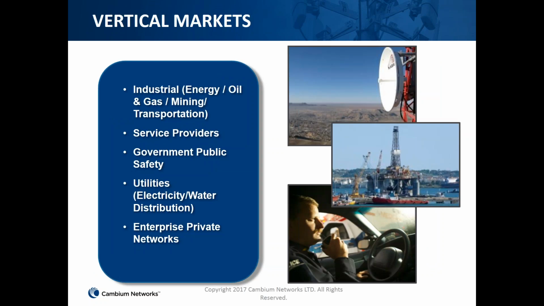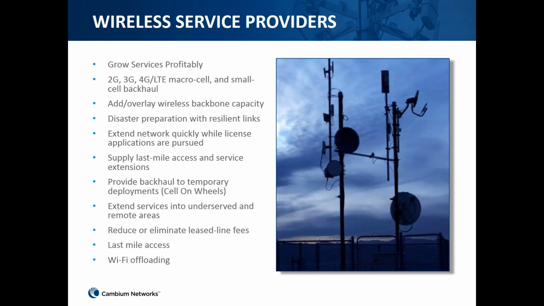I want to address some of the vertical markets that the PTP 670 is more applicable towards. Today I'll be focusing on industry, service providers, public safety, utilities, and enterprise private networks. The first one, the big one, is the wireless service providers. These are your WISP providers who provide 2G, 3G, and 4G backhaul. They're your last mile access, and they use it for Wi-Fi offloading.